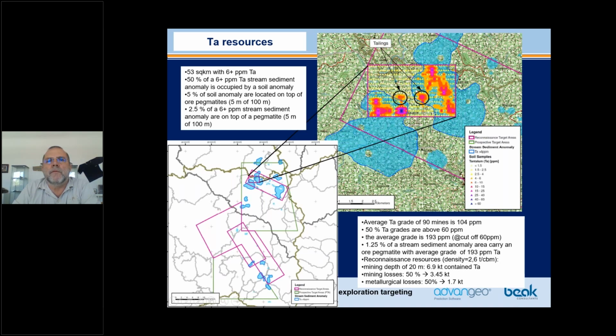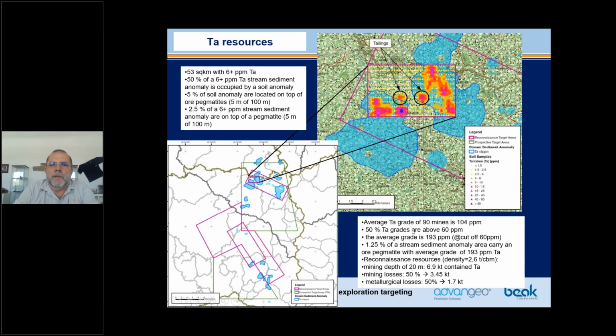And around 50% of this stream sediment anomaly here are occupied by a soil anomaly with more than 6 ppm. The experiences show that 5% of the soil anomaly are underlined by pegmatites. So 2.5% of the total area of the stream sediment anomaly then are underlined by pegmatites.